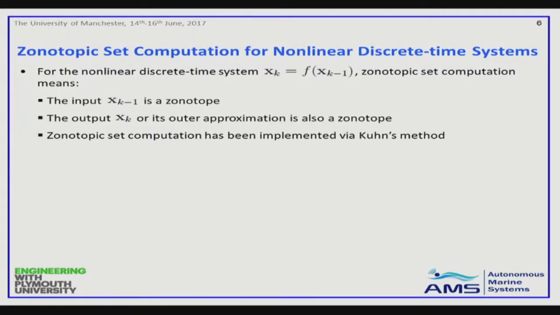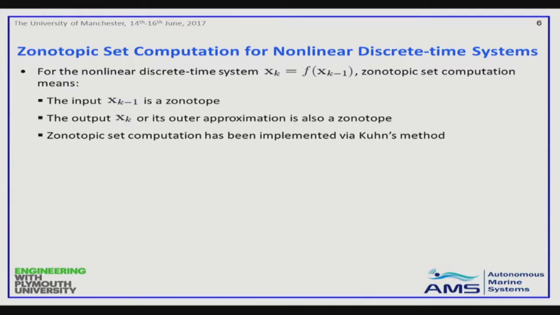Extended from interval, there is another method called zonotopic set computation. This is an existing method where your input is a zonotope. Your output is also a zonotope, an outer approximation as well.